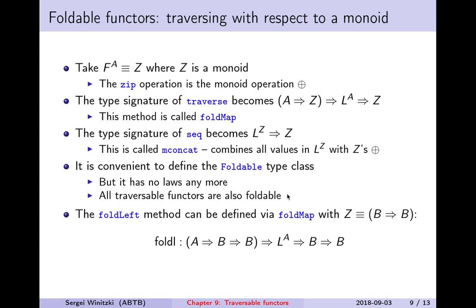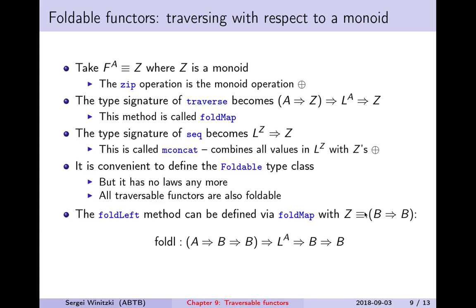So there aren't any functors that are foldable but not traversable. So all polynomial functors and only the polynomial functors are both foldable and traversable. And so nevertheless, it's convenient to define this type class because you can have different implementations of fold for different order of traversals.